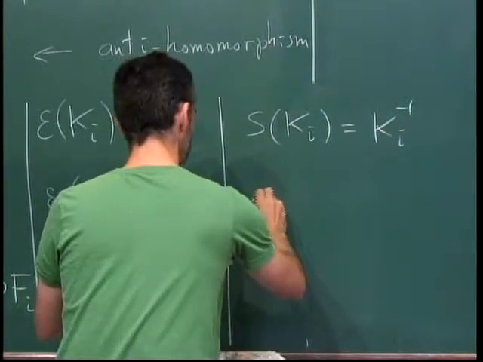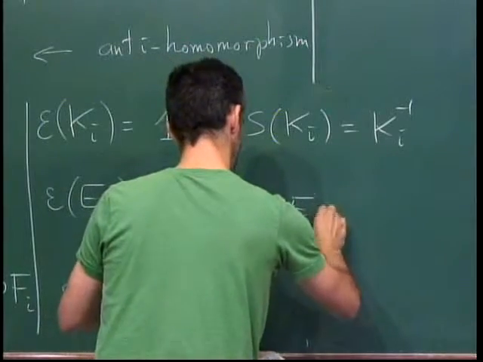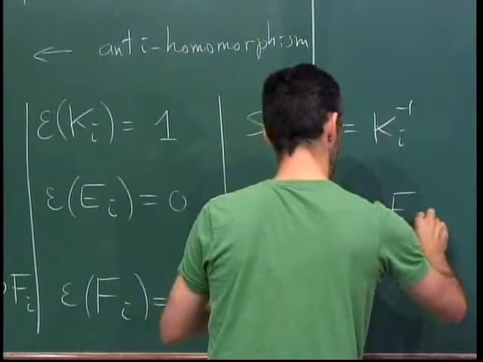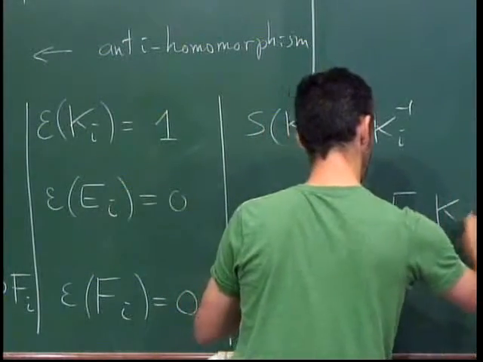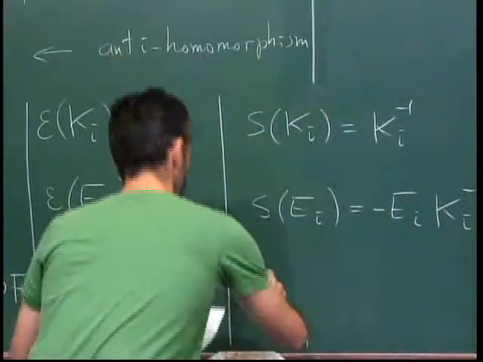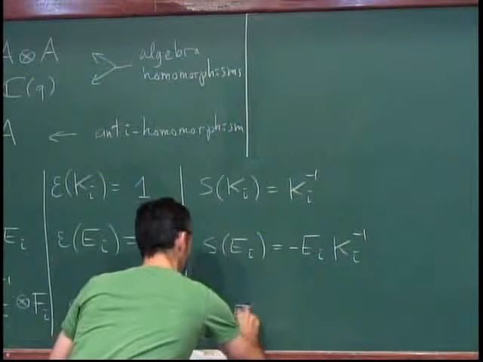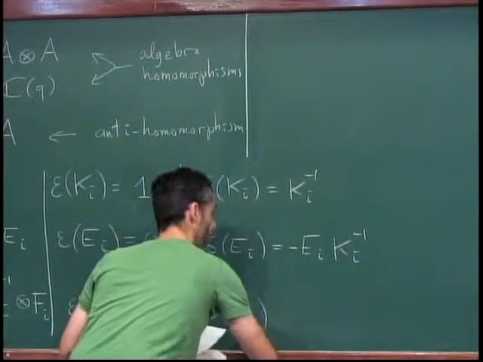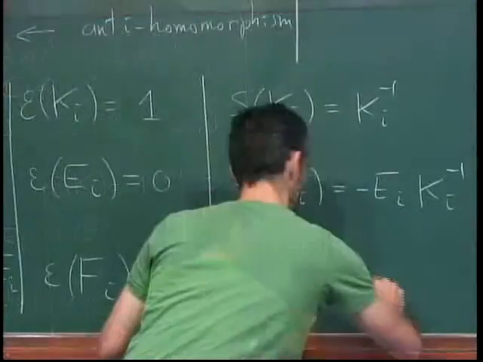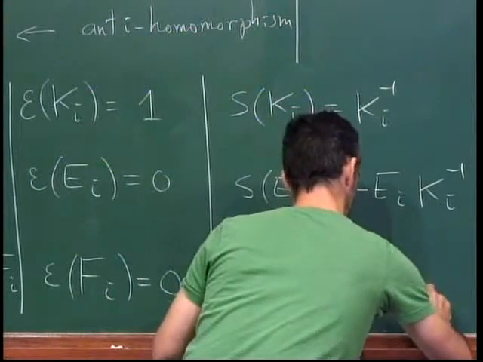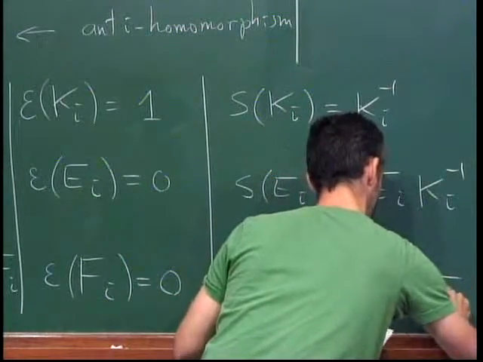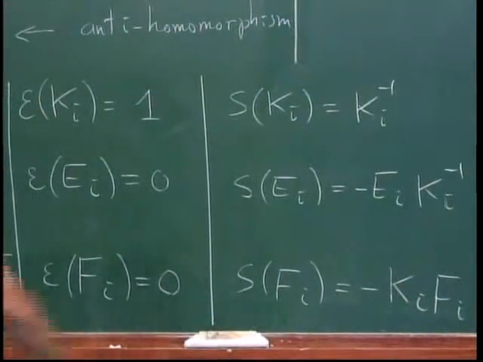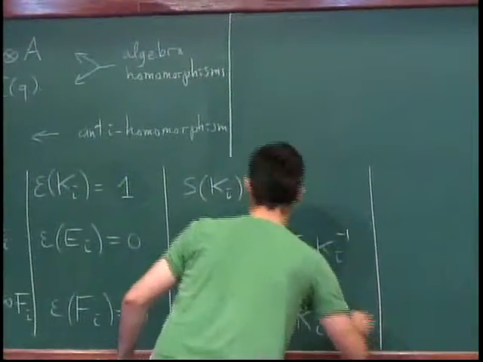Here you get an inverse. Antipode of E_i is minus E_i times K_i inverse. And this is K_i times F_i, again with a minus sign. Very good.